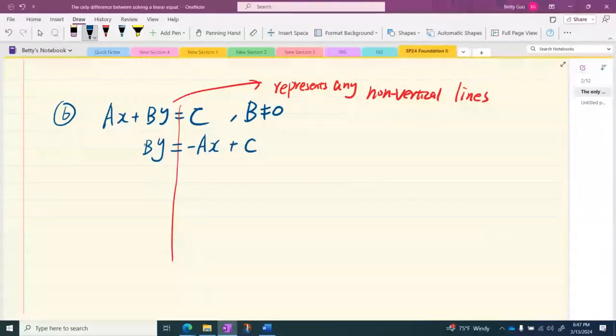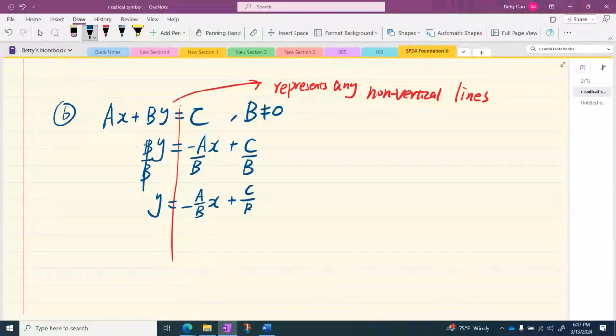Since b is non-zero, we are able to divide everything in the equation by b. And b over b is 1. So we have y equals negative a over b times x plus c over b. And that's the slope-intercept form of this equation.